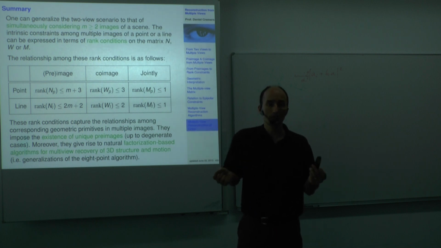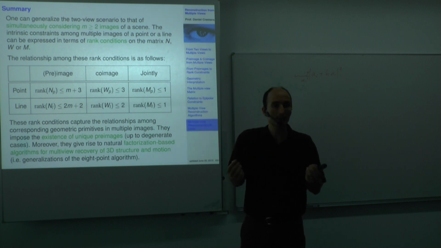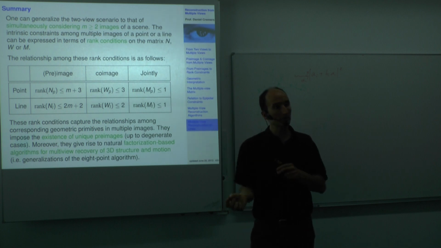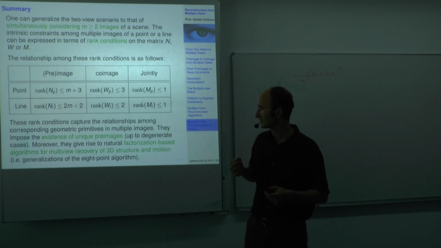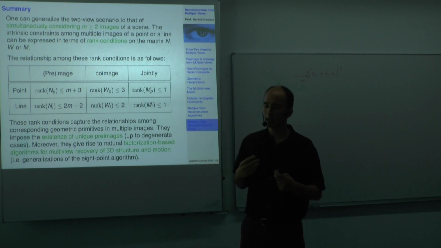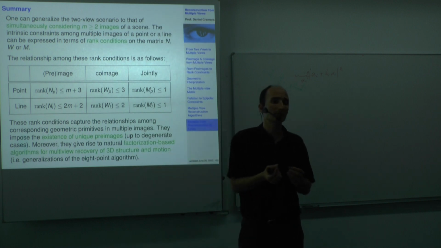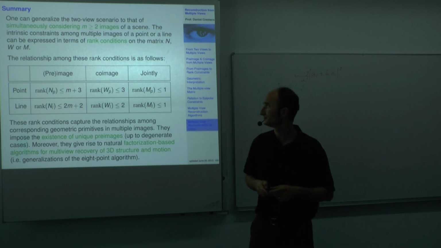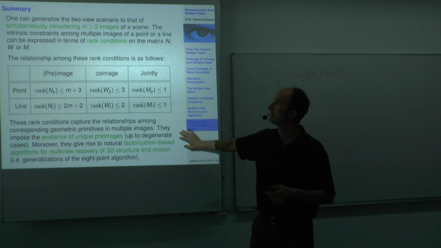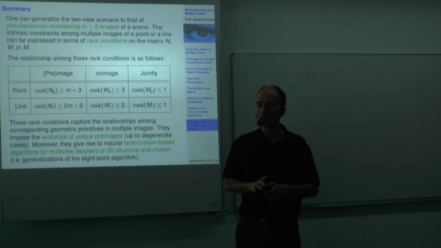In each case, we have a closed form solution using linear algebra, singular value decomposition, or least squares, a closed form solution for the structure given the motion and for the motion given the structure. But as I said, it doesn't decouple. I said here generalization of the 8-point algorithm, but it has that shortcoming that you have to alternate. So that is the last part about these linear algebra techniques.